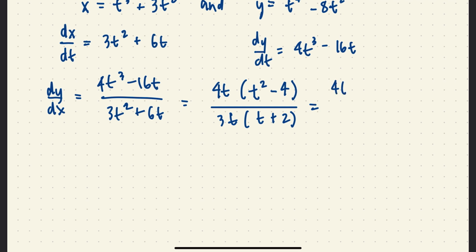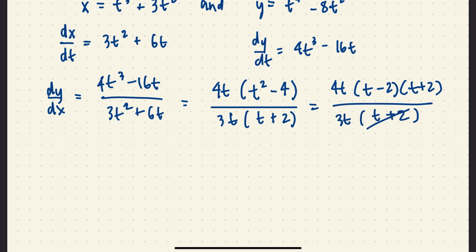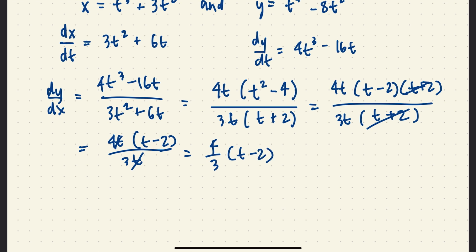So this will be 4t, t minus 2, t plus 2 all over 3t, t plus 2. That cancels out. It simplifies to 4t times t minus 2 all over 3t. Cancel t, you get 4 over 3 times t minus 2. It's your dy over dx.